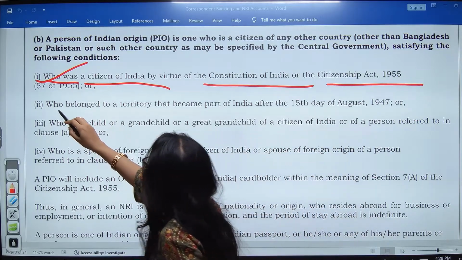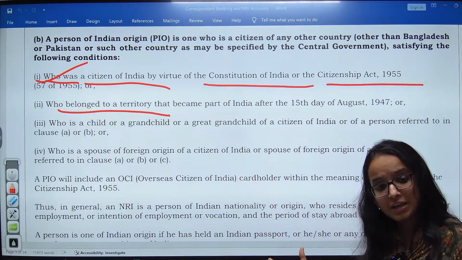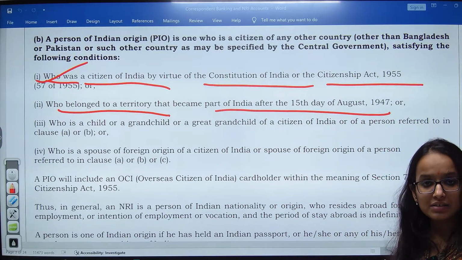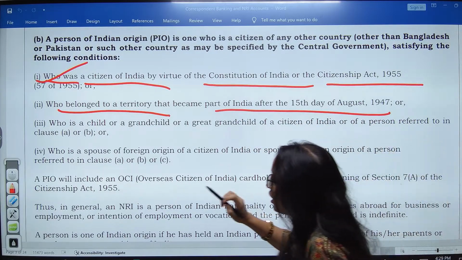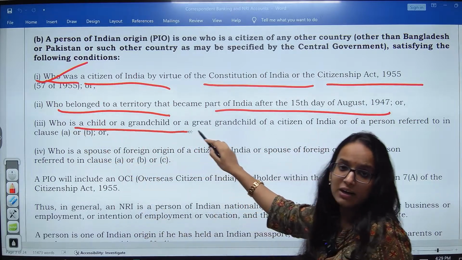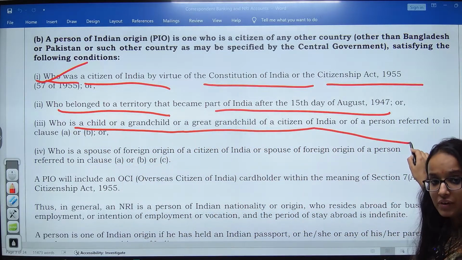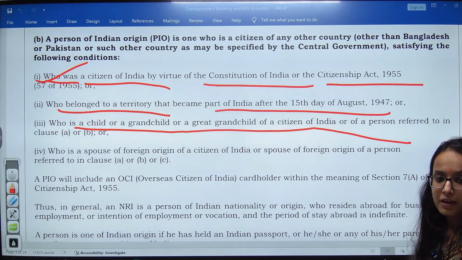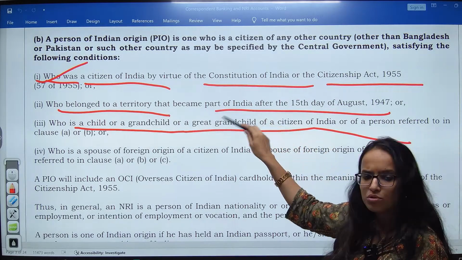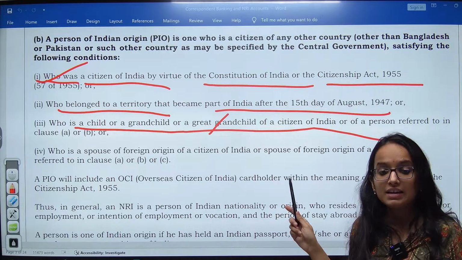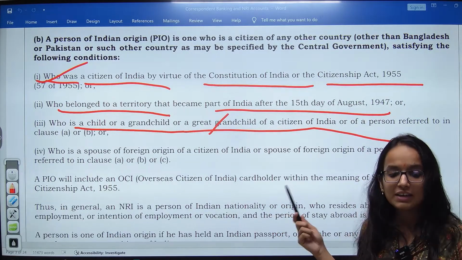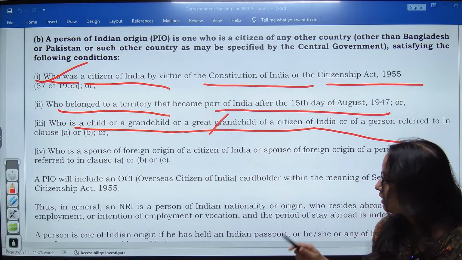Or who belonged to a territory that later became part of India after our independence. Same criteria. Third, who is a child or grandchild or great grandchild of a citizen of India or persons mentioned in the first and second clause. So these criteria are almost the same as we have seen in the Income Tax Act 1961.